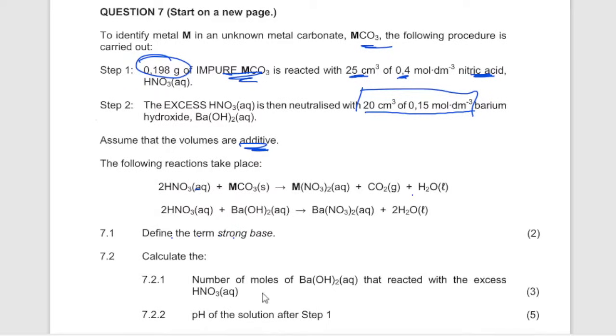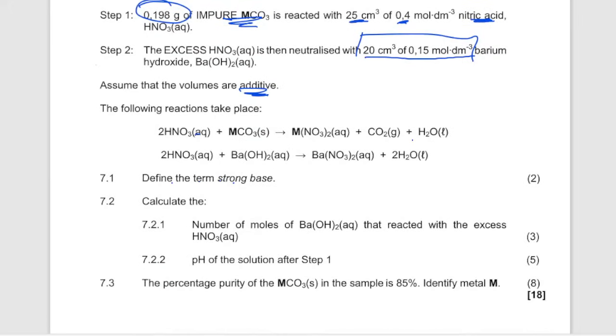So it is saying calculate the number of moles of barium hydroxide that reacted with the nitric acid. So we have to use the excess, whereby this one is not that big a deal. How do we calculate that?